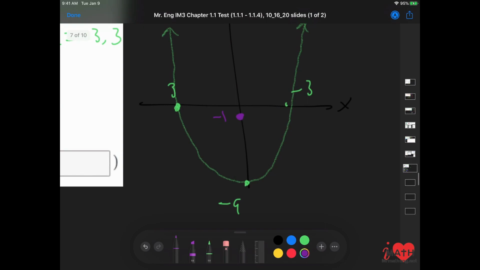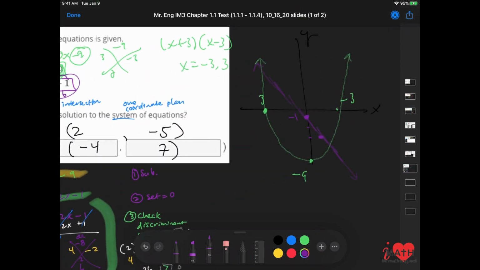So you would do something like this, down 2, right 1, and you can just draw something like this. And then those 2 that we just solved for, 2, negative 5, is right 2, and that's negative 5. So this is your first intersection.